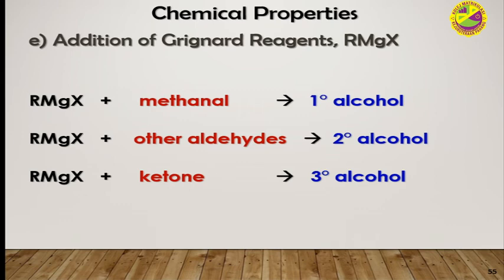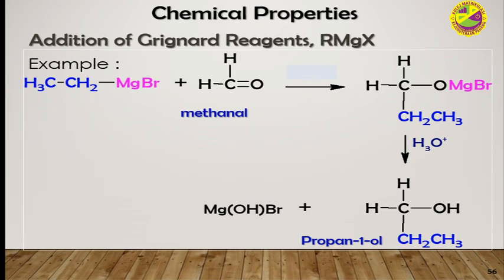And if the Grignard reagent reacts with ketone, the product would be tertiary alcohol. First, we see the first reaction between Grignard reagents and methanal.